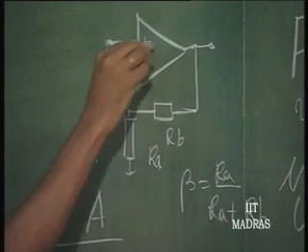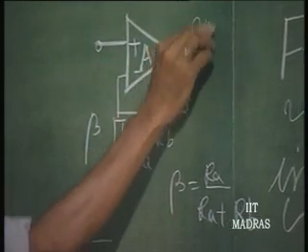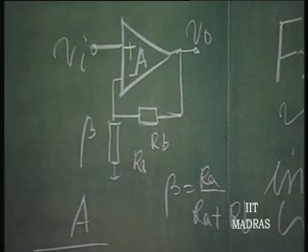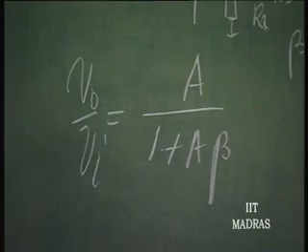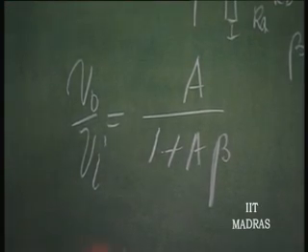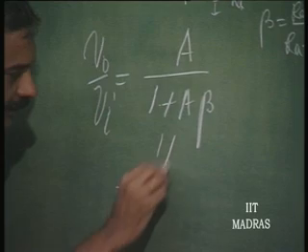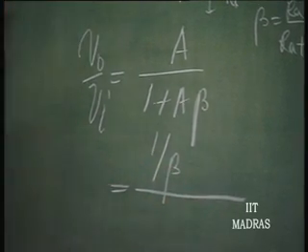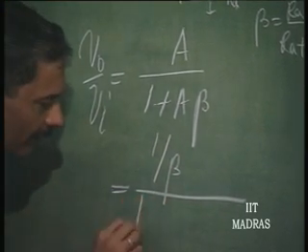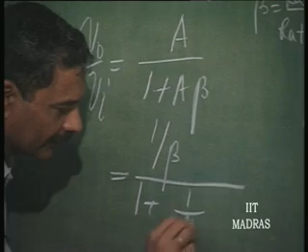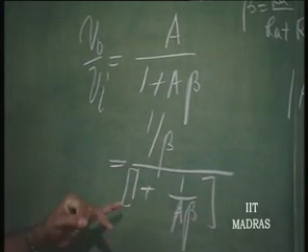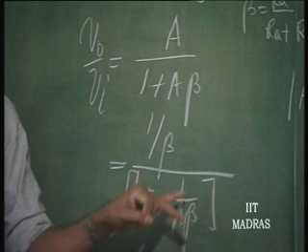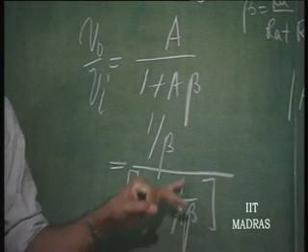So, the gain V naught over V I is going to be, this also we have derived earlier. Dividing by A beta throughout, this is 1 over beta, which is the ideal gain, divided by 1 plus 1 over loop gain. This is important. The error is always 1 over 1 plus 1 by loop gain.